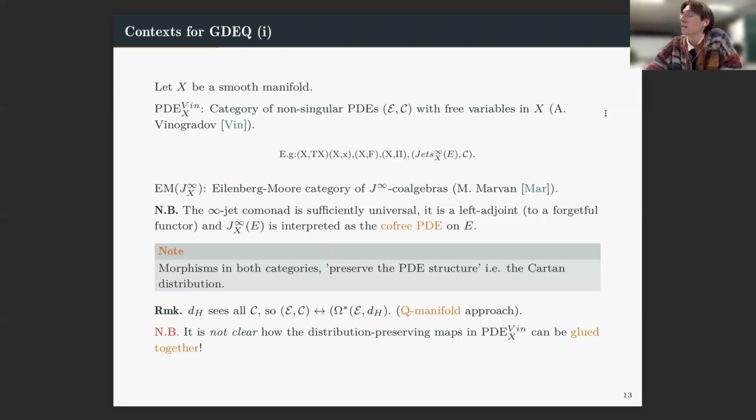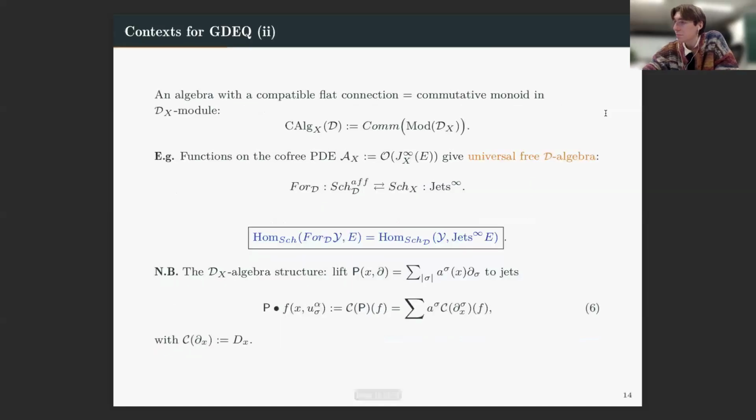It's not clear to me, at least, how this gluing notion of these morphisms would work. So this is what is motivating this section. I'm talking about context for PDE geometry of differential equations, because studying the J infinity coalgebra maps is a nice way to go, because the comonadicity of this object extends to much more general settings, as we'll see.